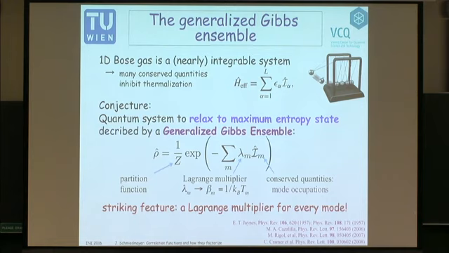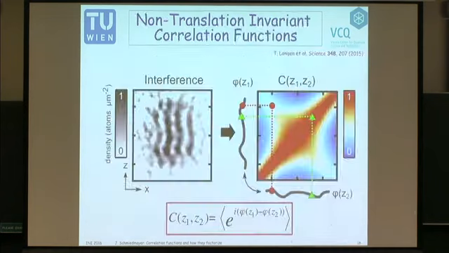Now the question is whether we can measure this density and find out these Lagrange multipliers. Here is an interference pattern that you measure, and out of this interference pattern I can reconstruct, in a simple way, these e to the i phi correlators.